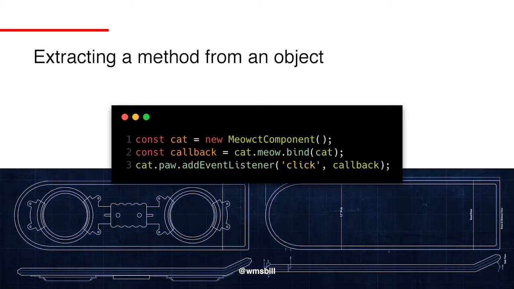The second use case is, as we showed in the timeout component example, whenever I want to extract a method from an object and use it as an argument.